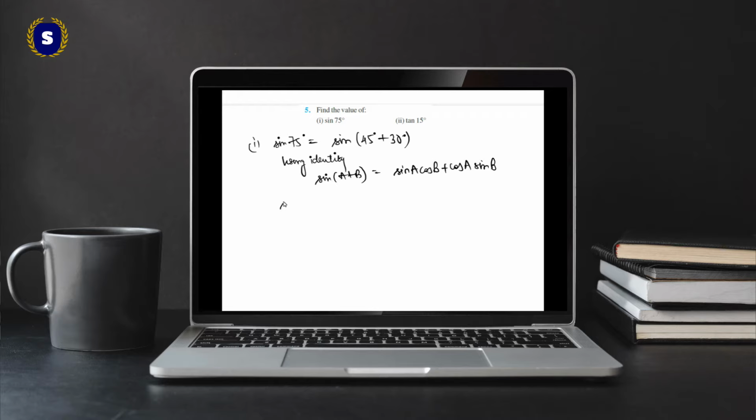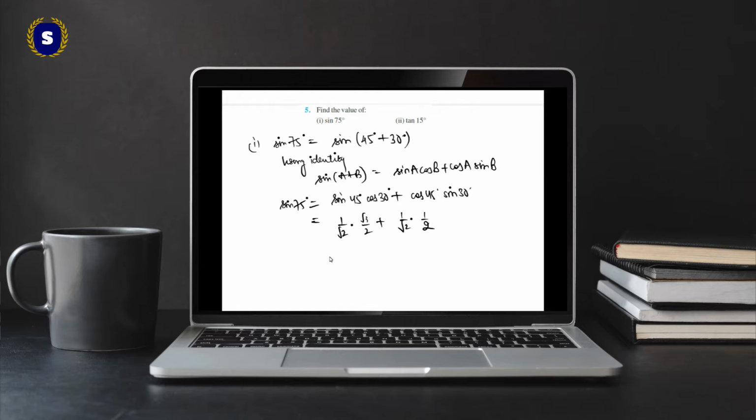We would get sine 75 is equal to sine A, that is 45 degrees, cos B, that is cos 30 degrees, plus cos A, that is cos 45, sine B, that is sine 30 degrees. So sine 45 is 1 by root 2, cos 30 is root 3 by 2, plus cos 45 is 1 by root 2, and sine 30 is 1 by 2.